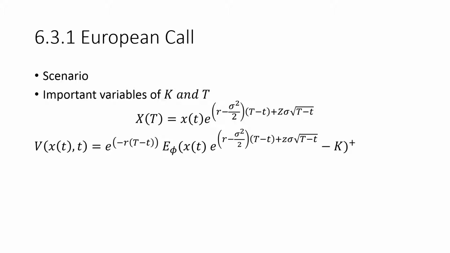That again uses the same variables, but uses an expectation according to a normal distribution of X sub t with that same normal variable exponential, but we're subtracting K, or the price we're paying for it, and taking the maximum of that. So with that, we are able to effectively utilize the European call to evaluate this scenario of choosing a specific asset at time t for price K.